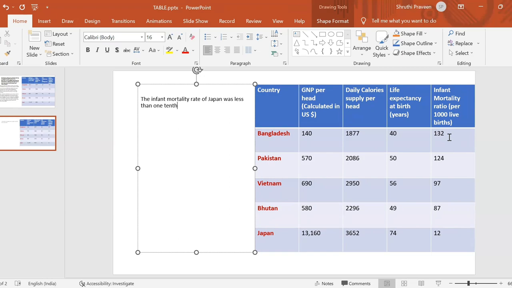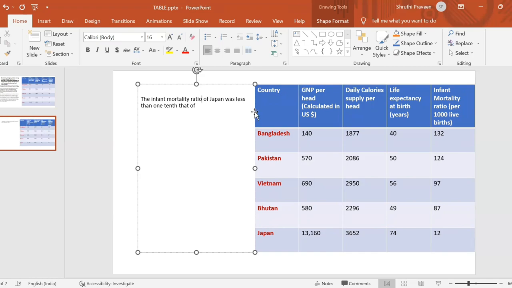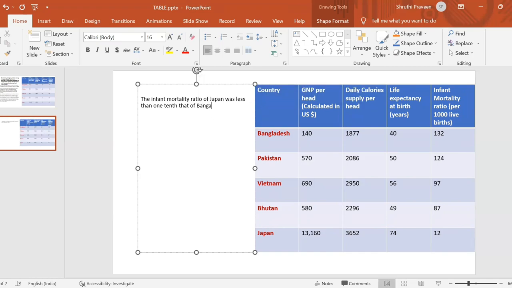So I can say the infant mortality rate of Japan was less than 1/10 that of Bangladesh. Sorry, it's not rate, it's ratio, of Japan was less than 1/10 that of Bangladesh.